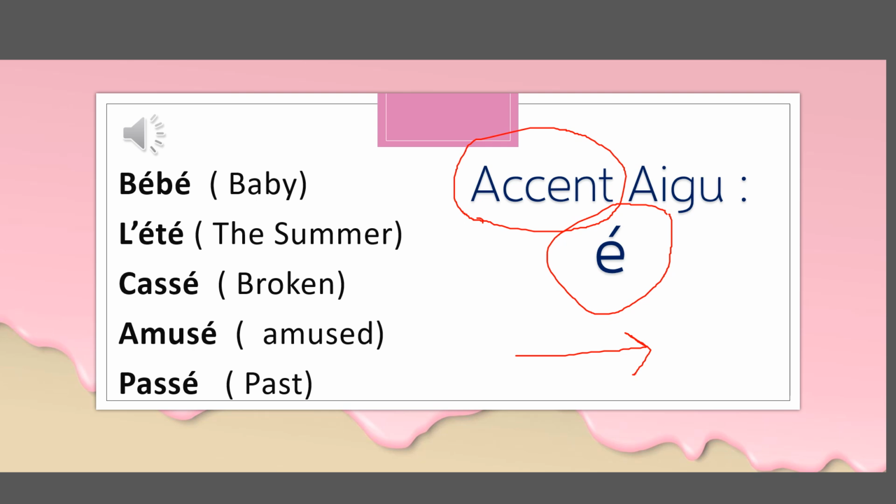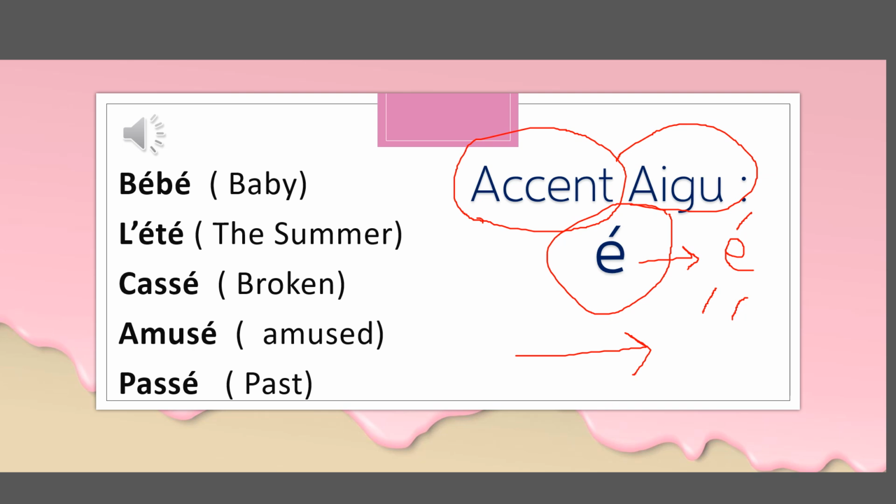It's called accent aigu, é. It's the sound é. So the sound é is an E plus a bar. And the position of the bar here is very important. It goes from the upper right corner down to the left.